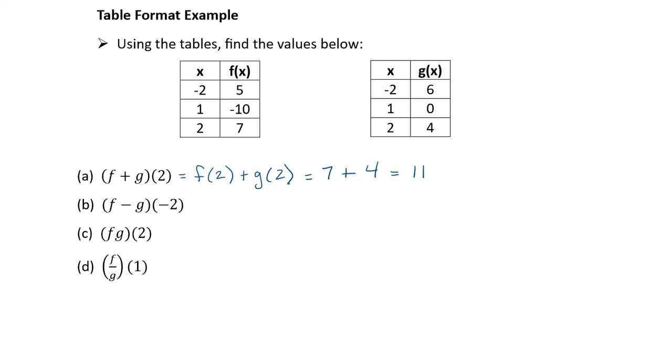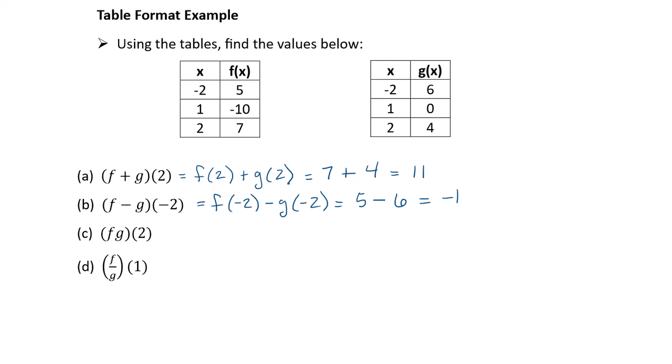F minus g of negative 2. F minus g is f of negative 2 minus g of negative 2. F of negative 2 is 5 minus g of negative 2 is 6, and 5 minus 6 is negative 1.